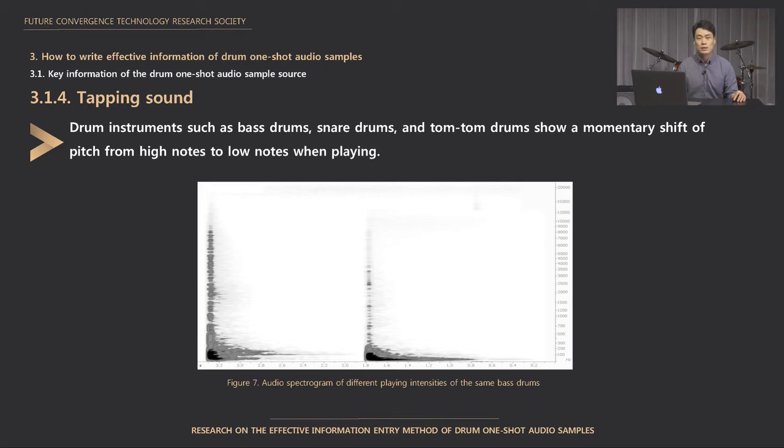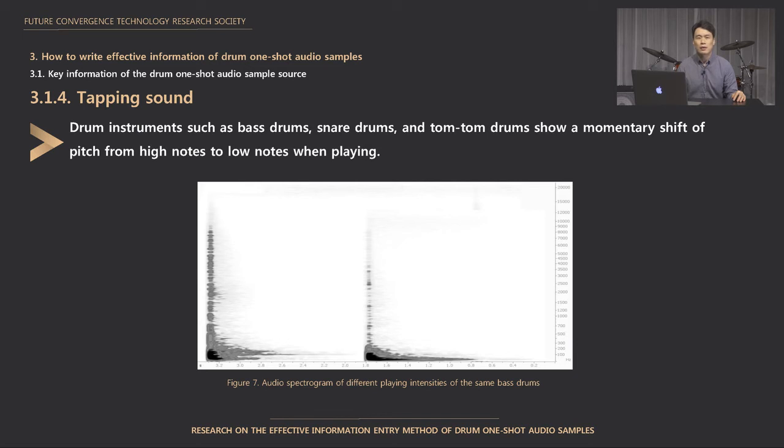Figure 7 is a spectrogram of playing different intensities with the same bass drum. The left side is the strongly played sound source, while the right side is the weakly played sound source. And the sound pressure of the weakly played right sound source was amplified to be the same as the left sound source in order to set the sound pressure of the two sound sources to be equal.